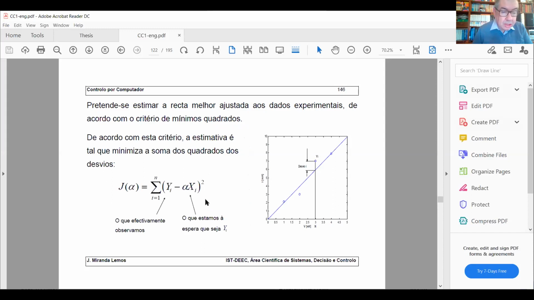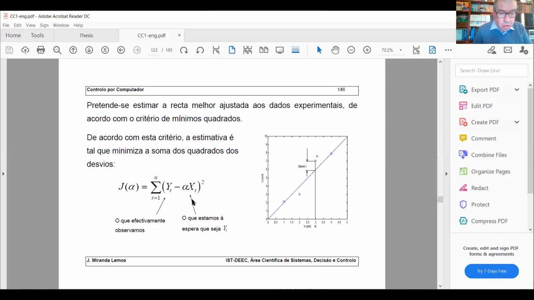Okay? This is nothing more than a quadratic function of alpha. And you see that this is a sum of squares of deviations between what you observe for y, that's y subindex i, and what you were expecting yi to be given the value of xi, which is alpha xi. According to the model, yi should have this value, so this deviation should be 0.